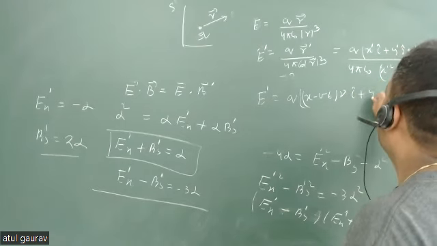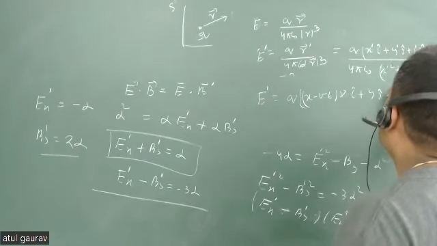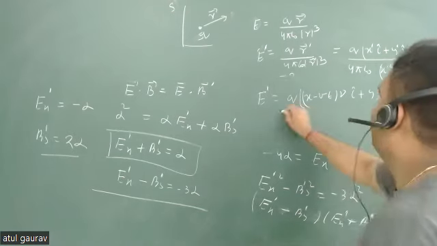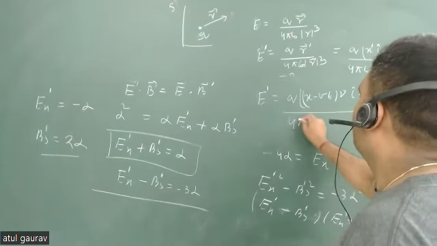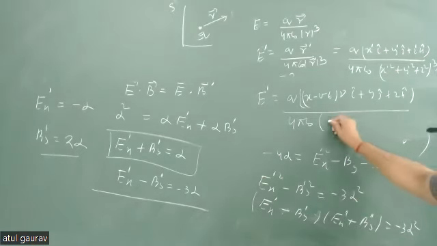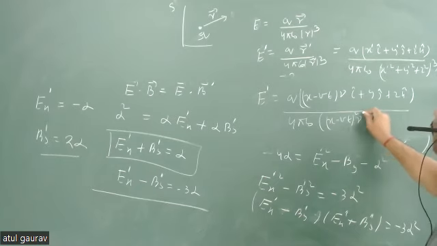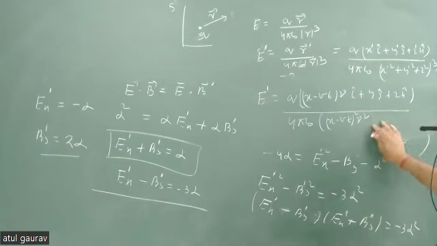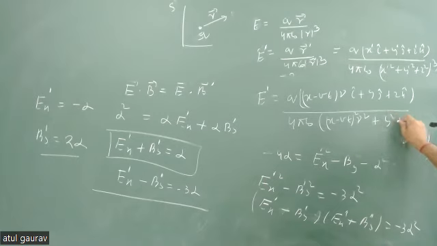I cap, y will remain the same, z will remain the same, and you have 4 pi epsilon naught. What will be your x dash square? X minus vt into gamma square plus y square plus z square to the power 3/2.